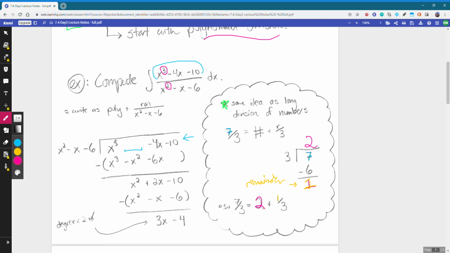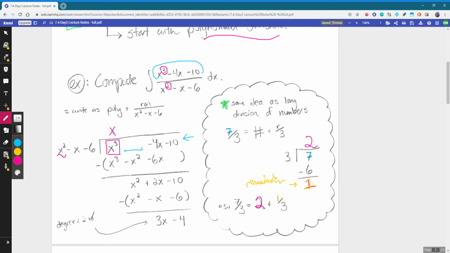This is really seeing how many times this polynomial goes into this big polynomial. And so here, if we just look at the first term, x cubed, and we look at the first term over here, well, to get x squared to be x cubed, we would need to multiply by x.